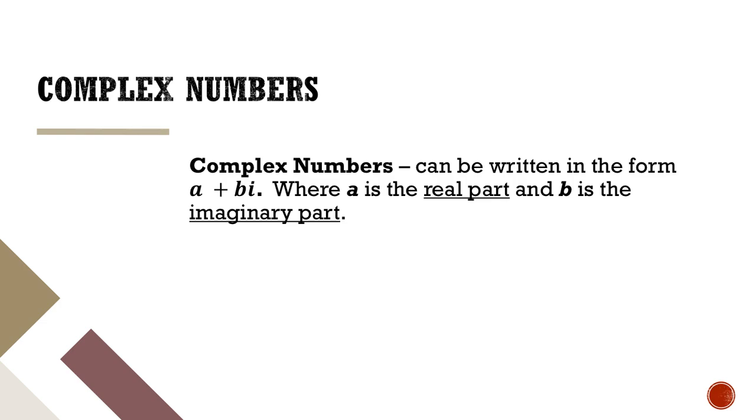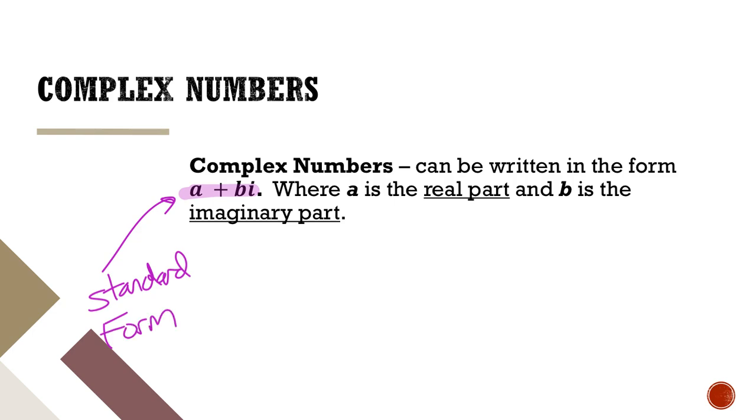So now that we talked through some pure imaginary numbers, let's make them complex, meaning we're going to have both a real part and an imaginary part. So we're going to put in that real part as well. Complex numbers can be written in the form of a plus bi. That's called standard form. This is the form I will want you to write every complex number in. We should always have it in this standard form.